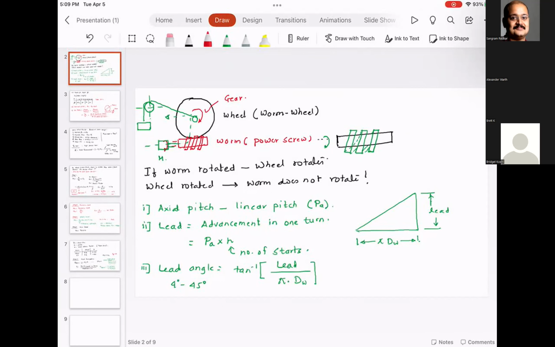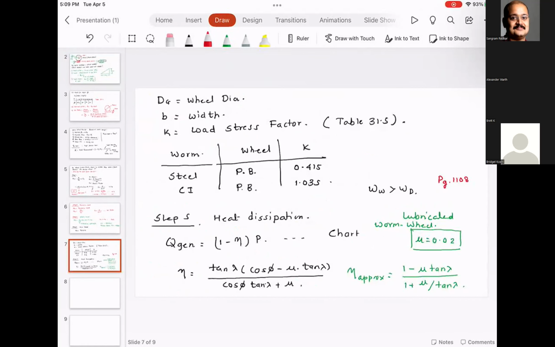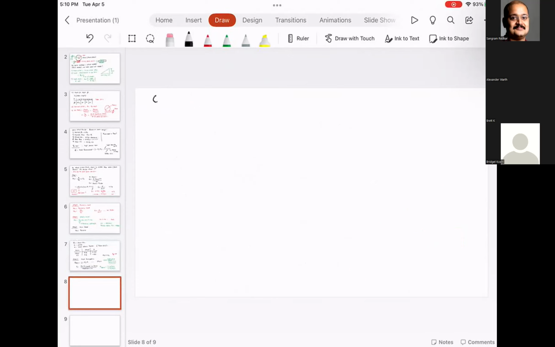Oh, sorry, I didn't complete. Thank you. So for Q generated, you have to make sure that Q generated is less than Q dissipated, which means the heat dissipation capacity. That equation is H times A times delta T. H is the coefficient of heat transfer, and it depends upon whether it's free convection or forced convection.